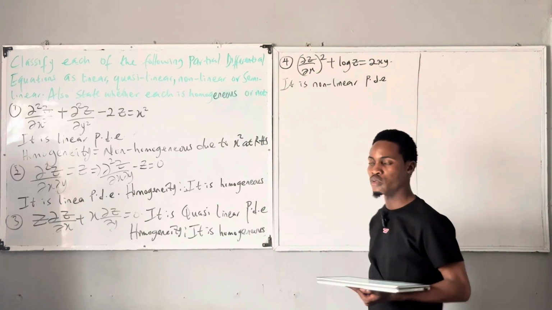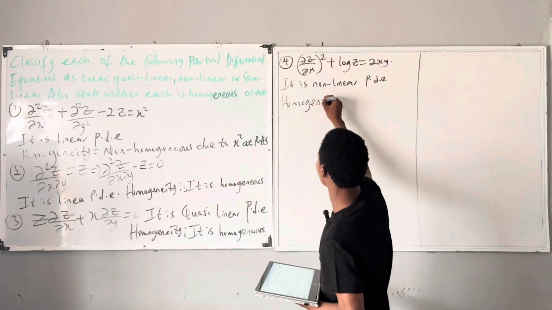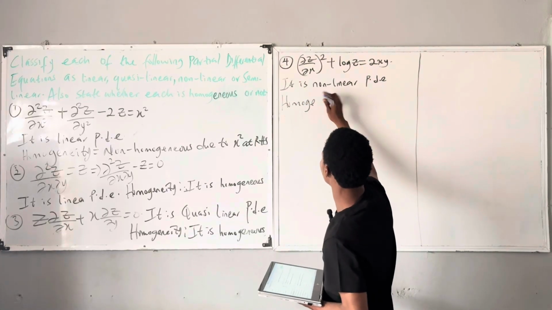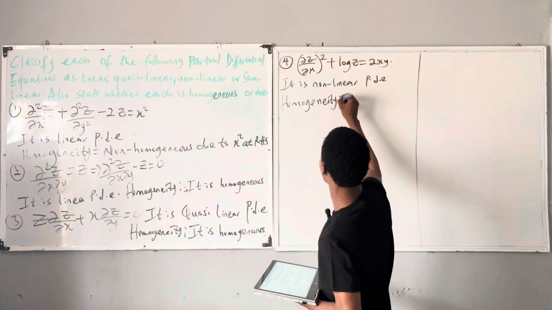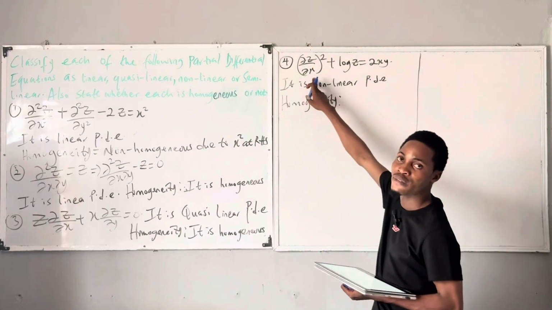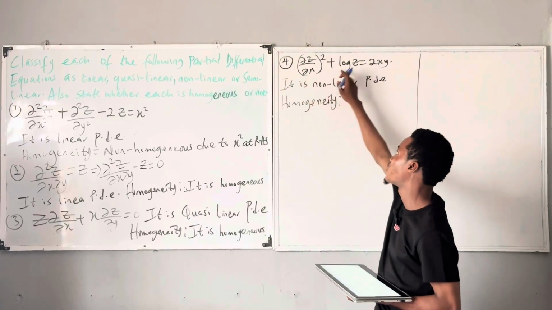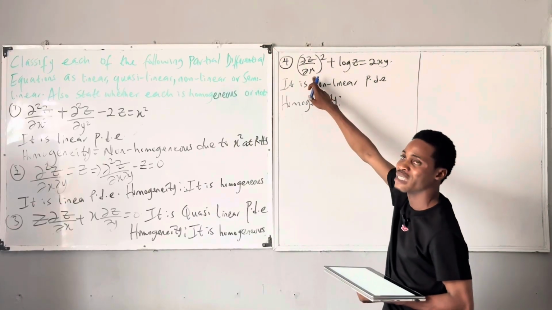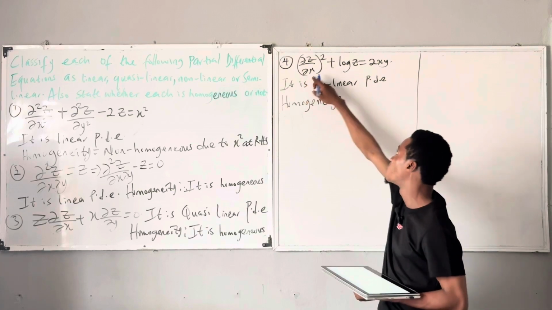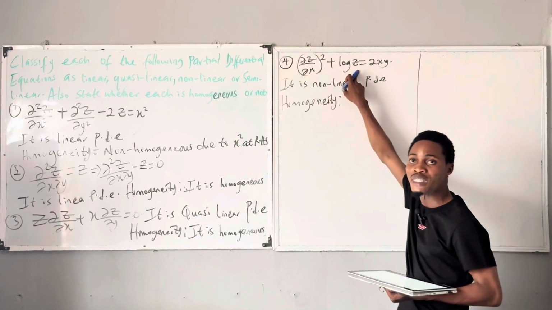So let us consider the homogeneity. Is it homogeneous or non-homogeneous? Let us check the terms. We have a derivative of the z over the x. The second term is containing the dependent variable, which is z.